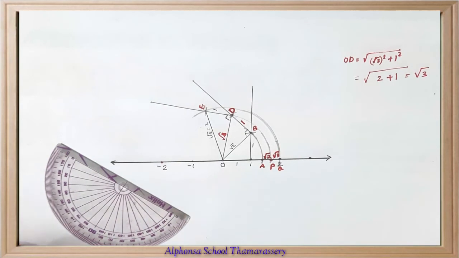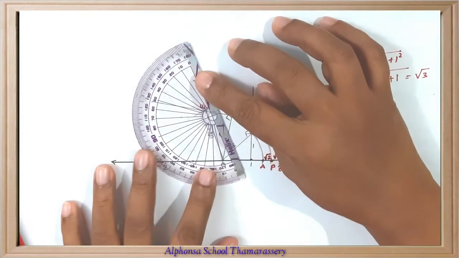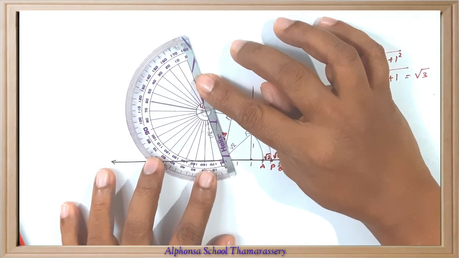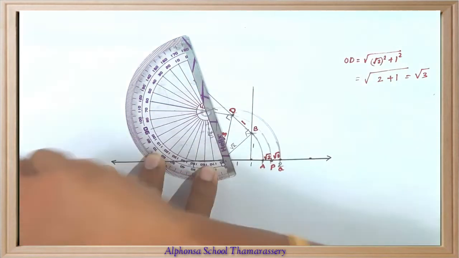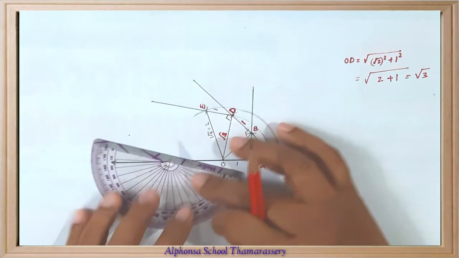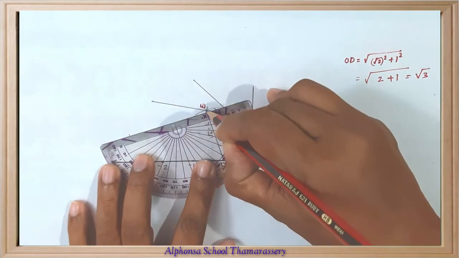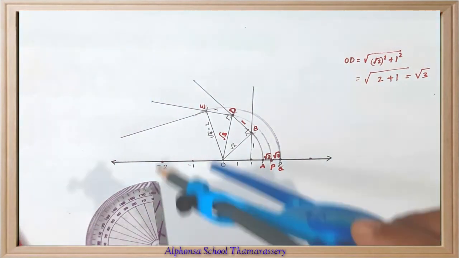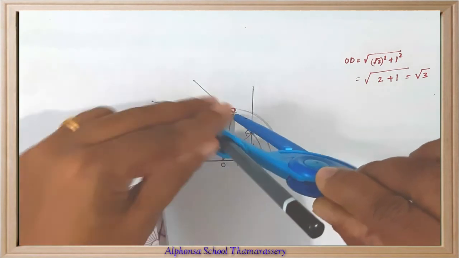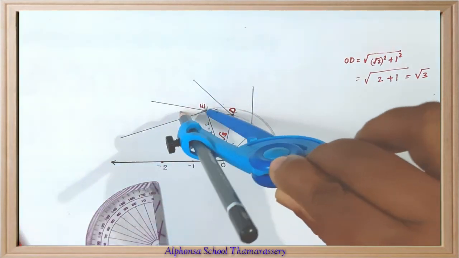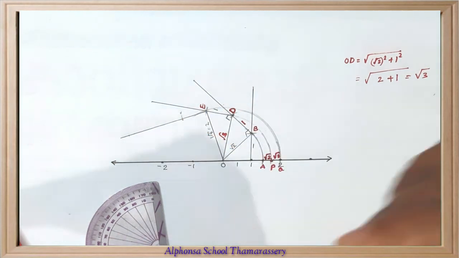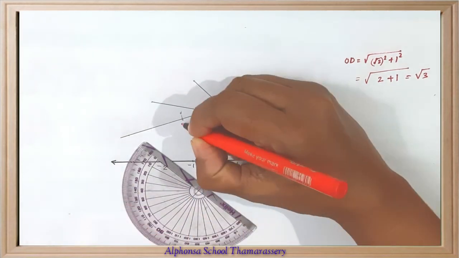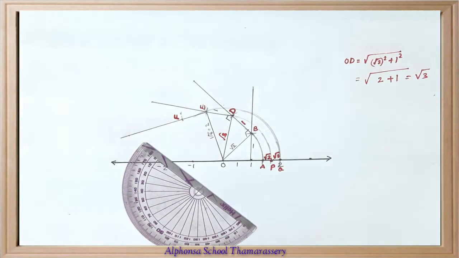Again you can continue with this. You can draw a perpendicular line on OE. Mark 1 unit. Now join that point. You can mark it as F. Join OF.